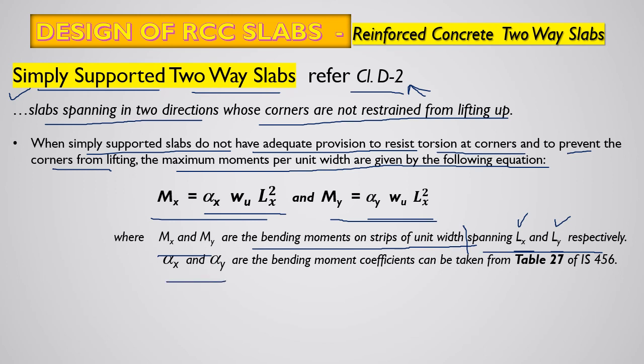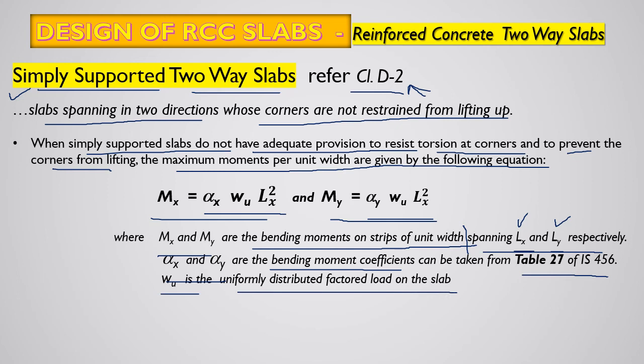Now what are alpha x and alpha y? So they are known as bending moment coefficients, and their value we can take from Table number 27 of IS 456. And what about W? W is the uniformly distributed load which we have calculated, as we have even calculated in case of beam or slab. So ultimate uniformly distributed factored load.